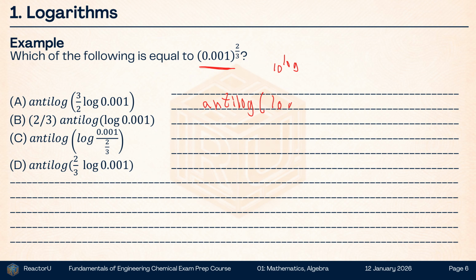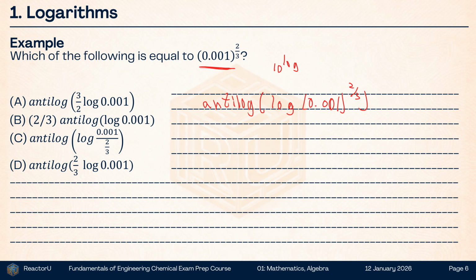So basically anti-log with the log cancels each other. So we will have here 0.001 to the power of 2 over 3. So adding the log with the anti-log does not change anything.